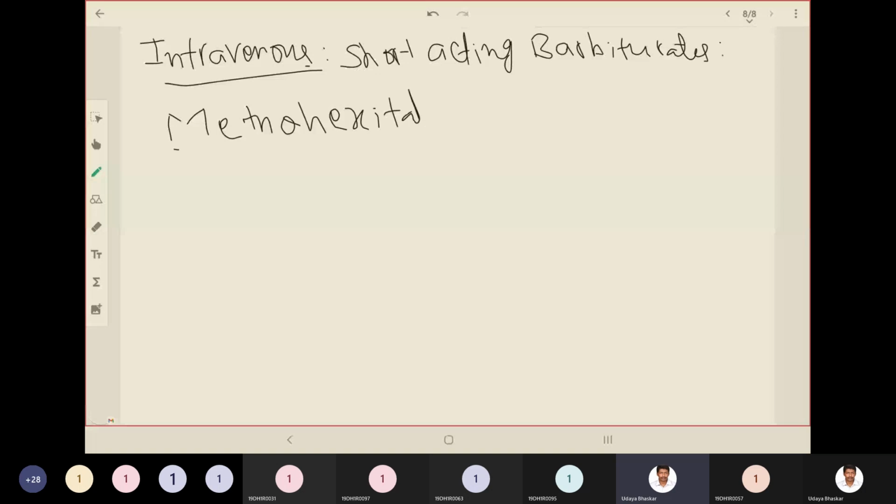So let us see methohexital instead of the salt form.